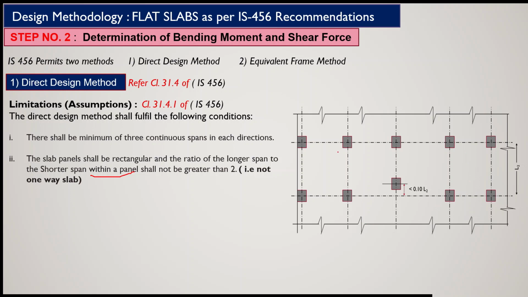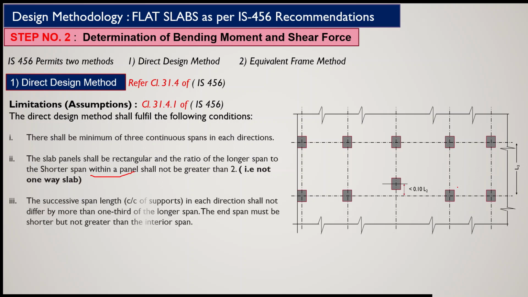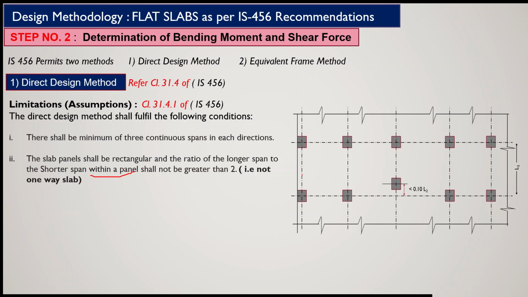So there will be various number of panels, and it is just to understand what is basically a panel and what are the assumptions mentioned in direct design method. So third one is, now if we go again through second point, so this is the panel, that means there are various panels, and you can easily see that these panels are rectangular in shape. So this method is applicable when panels are rectangular in shape.